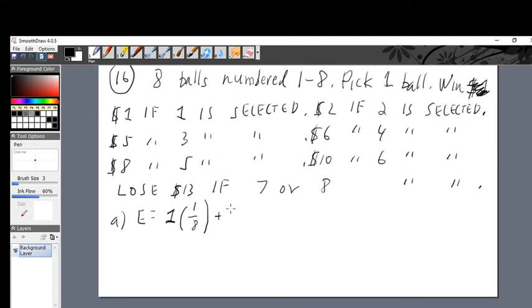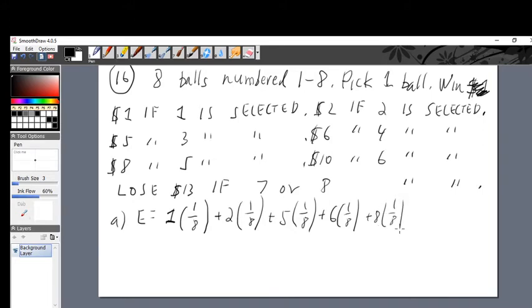What's your reward for picking a 2? $2, and there's a 1 out of 8 chance of that happening. The reward for 3, $5. You can look it up. All the information is here. $5, 1 out of 8 chance. If you pick a 4, you get $6, 1 out of 8 chance. If you pick a 5, it's $8, 1 out of 8 chance.